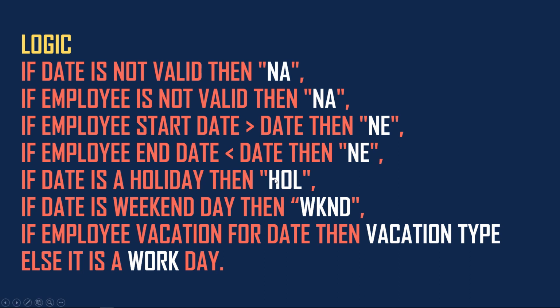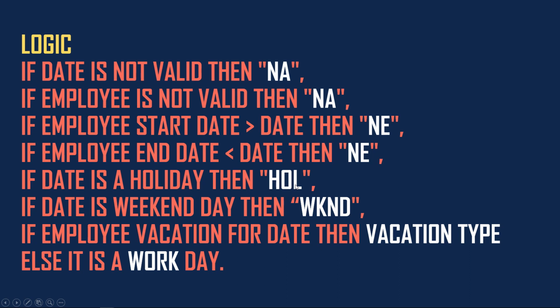And then if, let's say, it's a holiday and a weekend, we would actually mark it as a holiday, because the order in which this logic is going to work is important. So if a Sunday happens to be a holiday, then this formula logic will actually label that as a holiday, not a weekend.